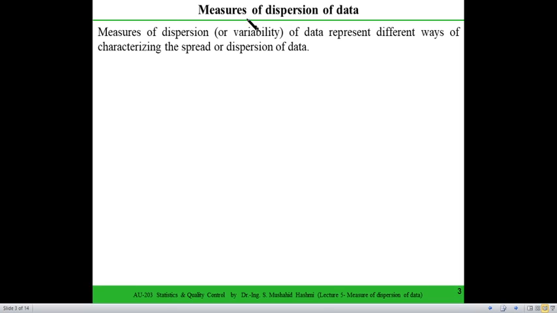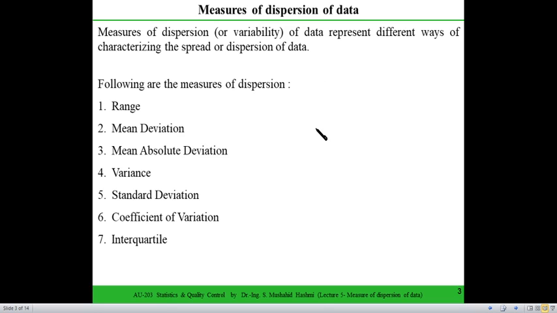This is something we can work out through different statistical measures, and we call them measures of dispersion or measures of variability. A few of them we will address. Range we will talk about today, mean deviation we will talk about today, and mean absolute deviation, variance, standard deviation, which is one of the important ones, and coefficient of variation. Interquartile range we will deal with in the next lecture.